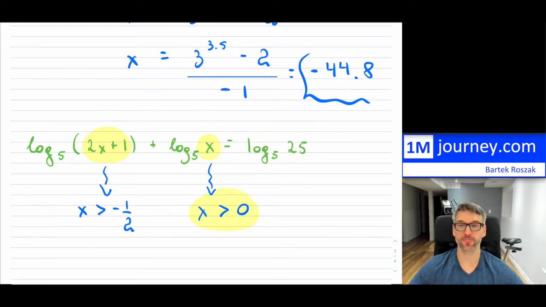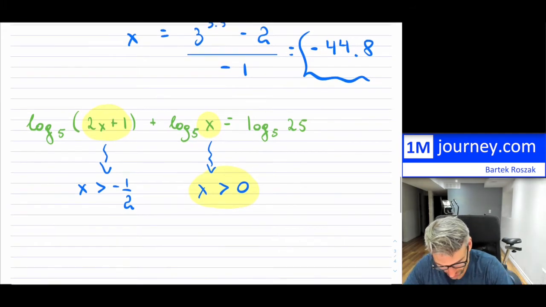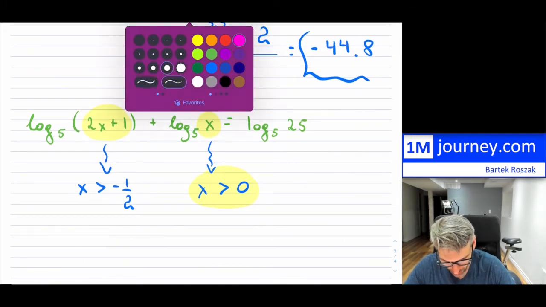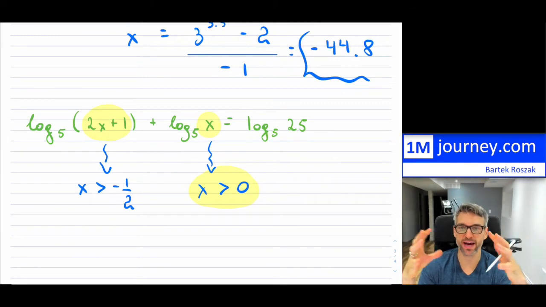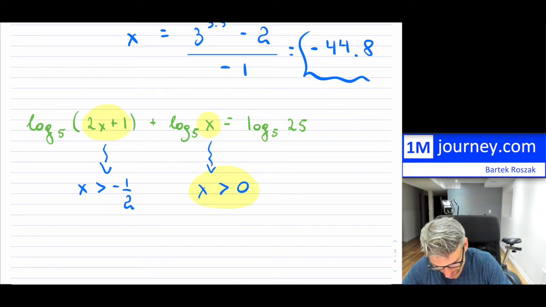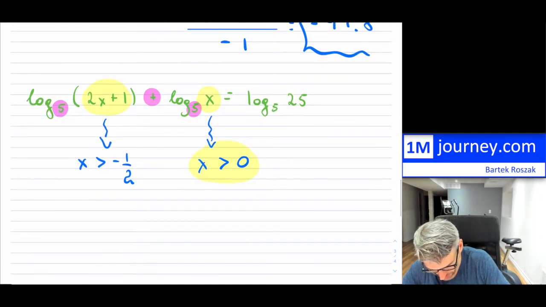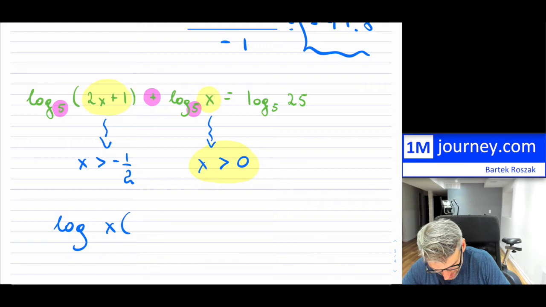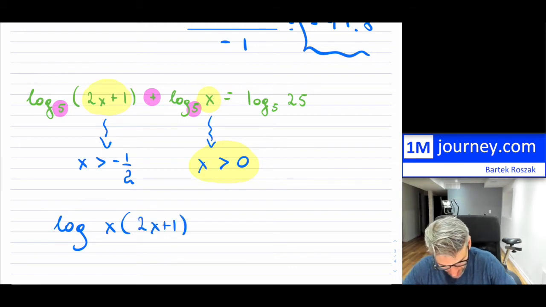Now I can start solving this. When you're solving these, you want to combine your logs in some way by utilizing the properties of logs. Because I have a plus here and the same base, this just means a log of the two multiplied together: the multiplication of x and 2x plus 1, in base 5, equals log base 5 of 25.